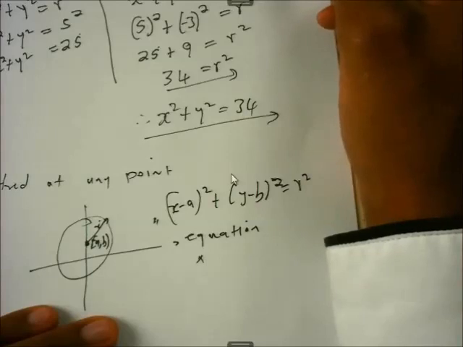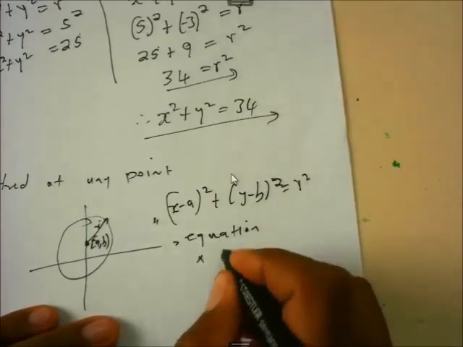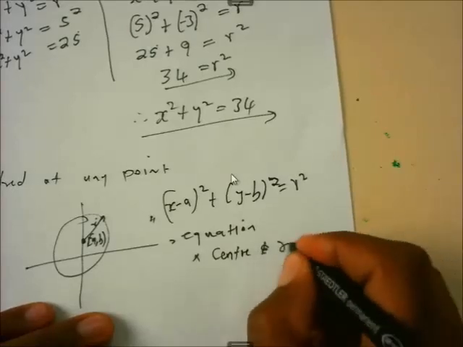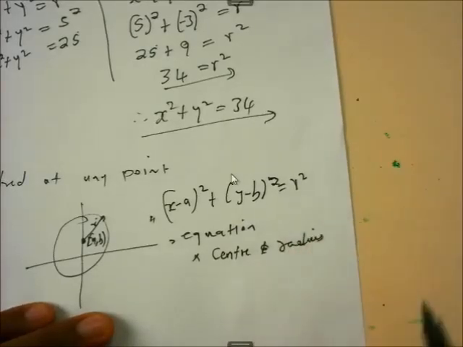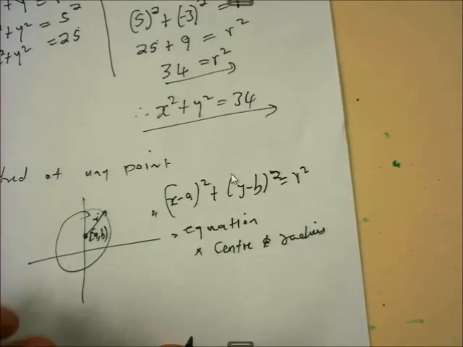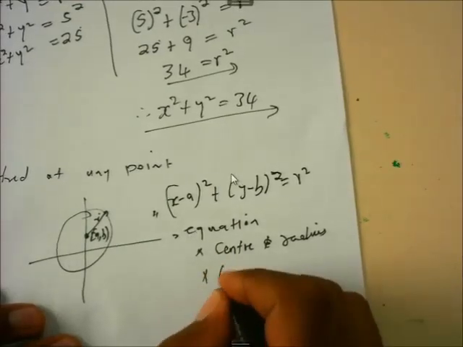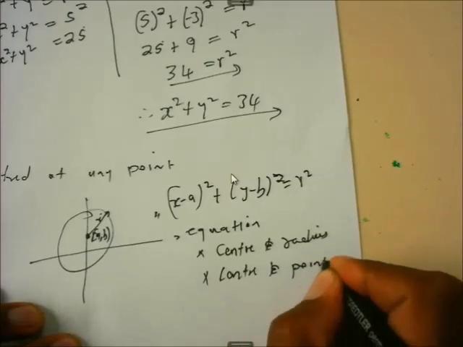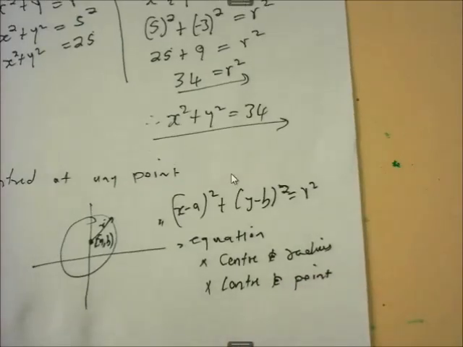But here we are specific to say you need to have a center as well as the radius. Of course, the second one, you also need to have a center as well as a point on that line. Right. Once you have these two, then it will be easier for you to determine the equation of the circle.